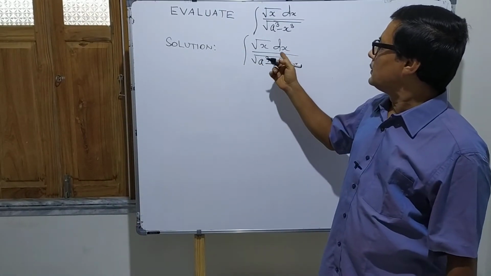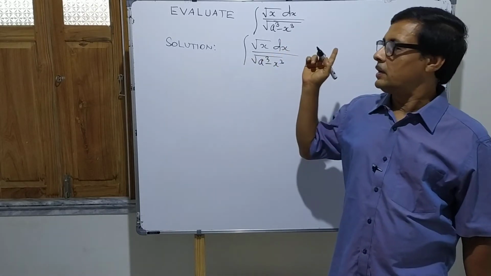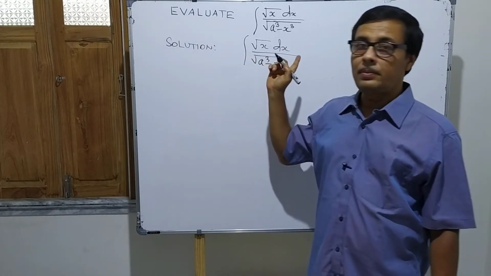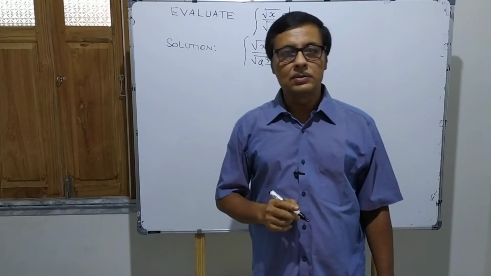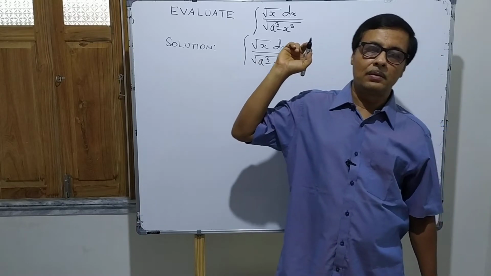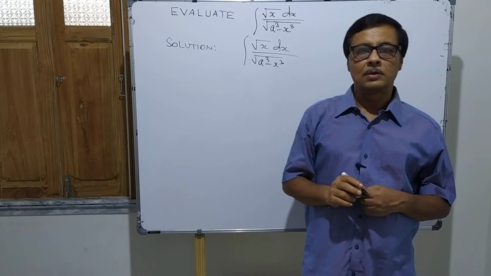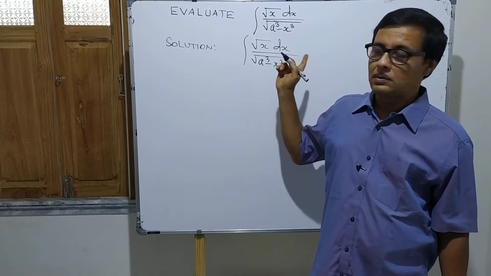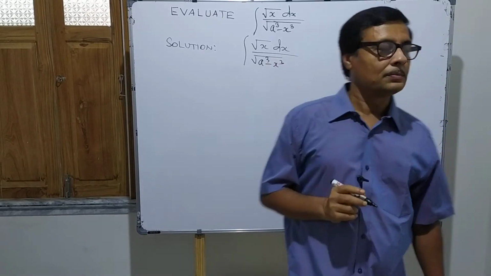Now we are not able to find this integral by using any formula directly, but we have the opportunity to solve it by using the method of substitution. This is a very useful method for evaluation of an integral. We shall use the method of substitution to evaluate this integral.